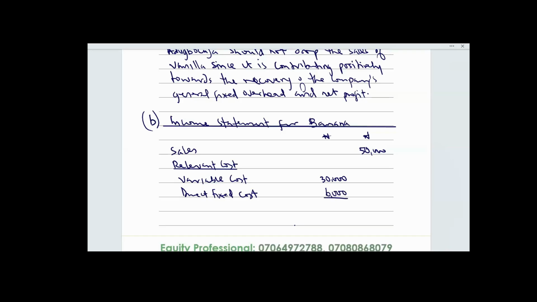When you add the two together, we are going to have 36,000 naira. So 50,000 minus 36,000 will give us 14,000. This is positive contribution.